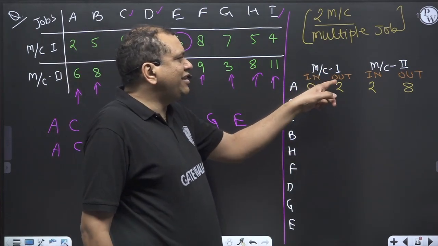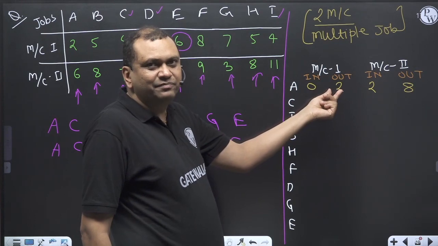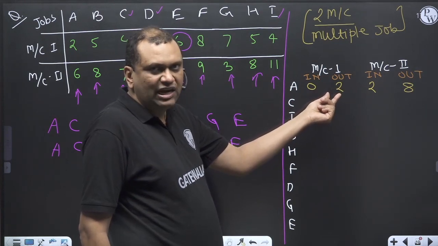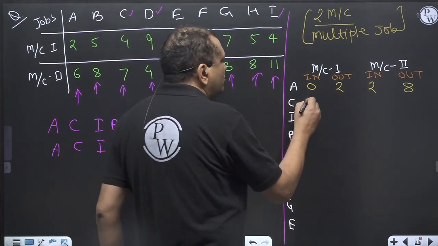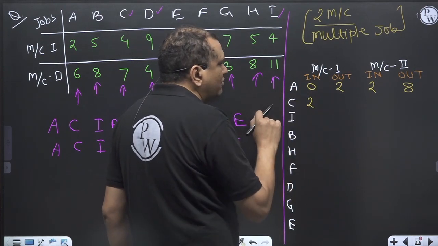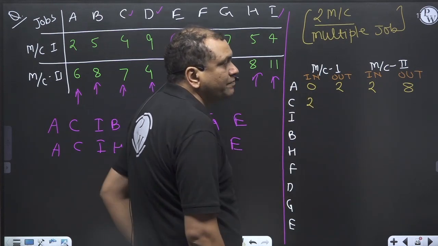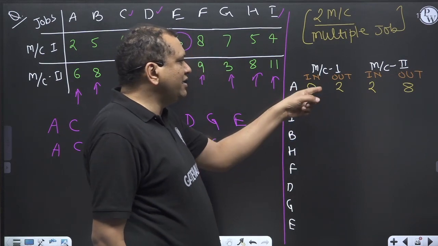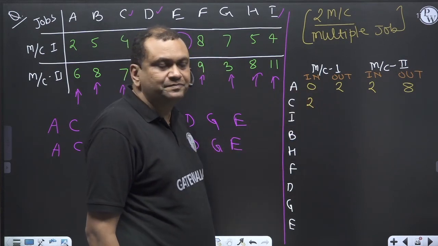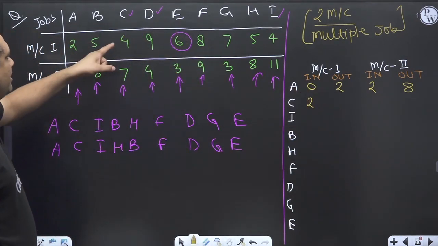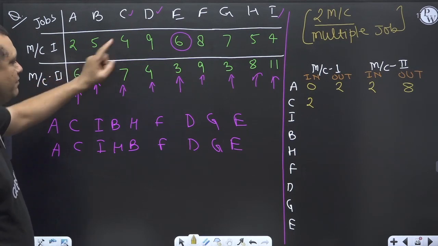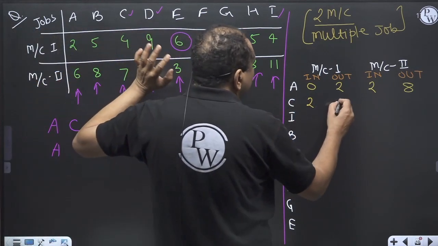Machine 1 is available for use after 2 unit time. So C will enter into machine 1 after 2 unit time, and C consumes 4 unit time. So 4 plus 2 is 6.